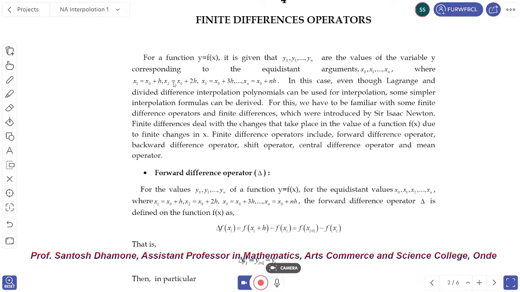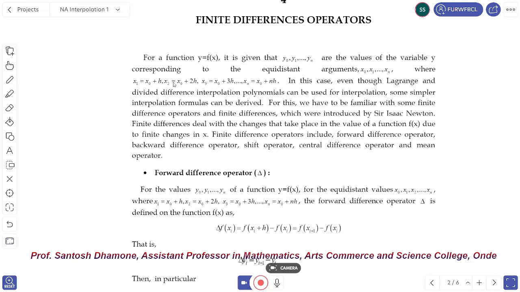In this case, even though Lagrange and divided difference interpolation polynomial can be used for interpolation, some similar interpolation formulas can be derived.